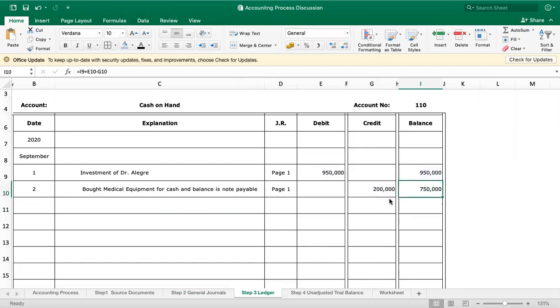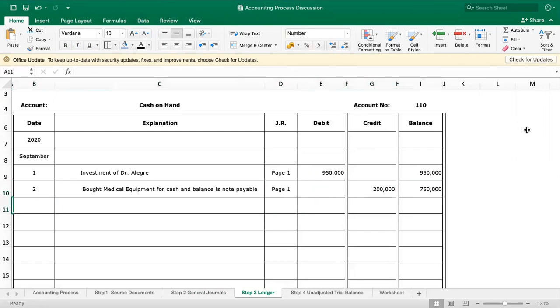Therefore, as of September 2, how much is the balance of your cash on hand? You have a balance of 750,000. So actually from your ledger you can compute the balance of each account. Cash on hand, as of September 2, has a balance of 750,000.